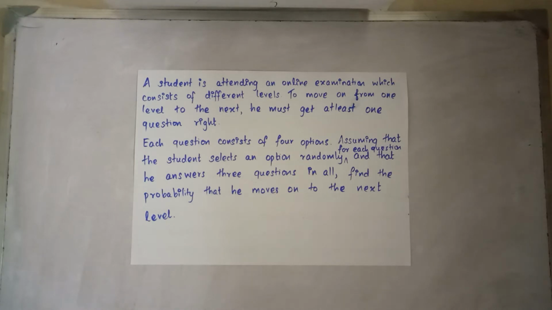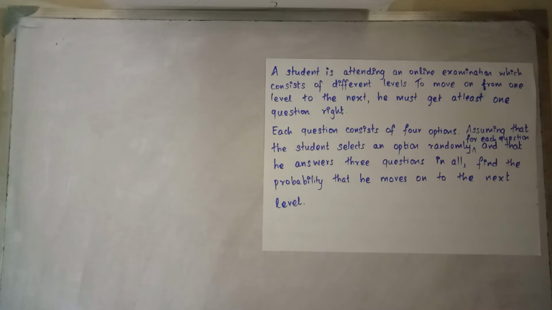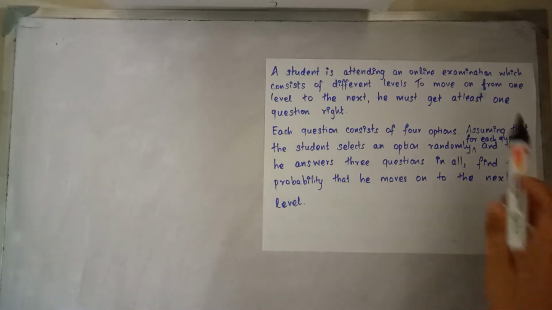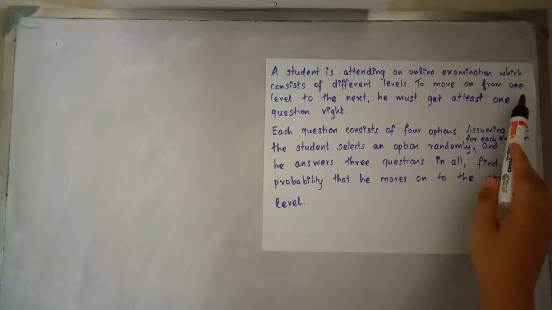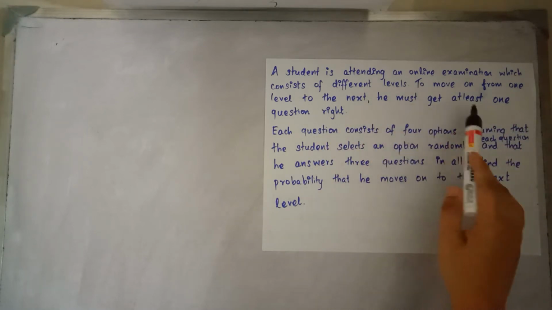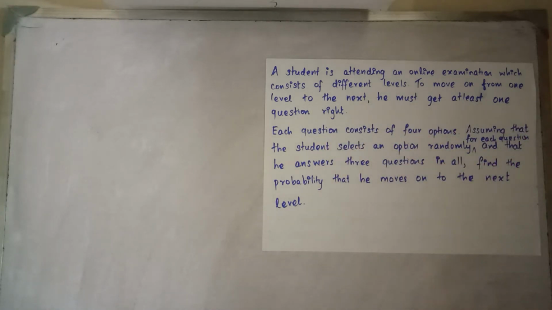Okay, so this is actually a critical thinking problem based on probability. Let's look at the question. The question wants you to find the probability that he moves on to the next level. When does he move on to the next level? It states here that to move on from one level to the next, he must get at least one question correct. And he answers 3 questions in all.